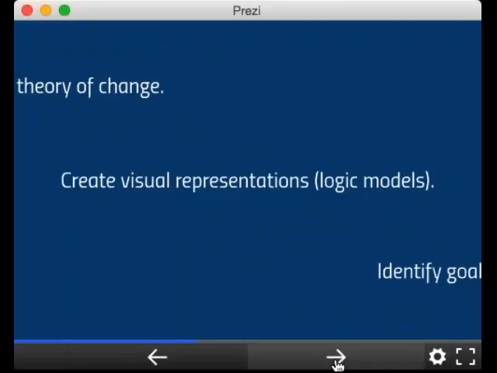A couple of things to keep in mind for those of you who may be relatively new to logic models: you should have logic models that address the needs of the audience that you're trying to specify. This probably will mean, as a coalition, that you will have multiple logic models.